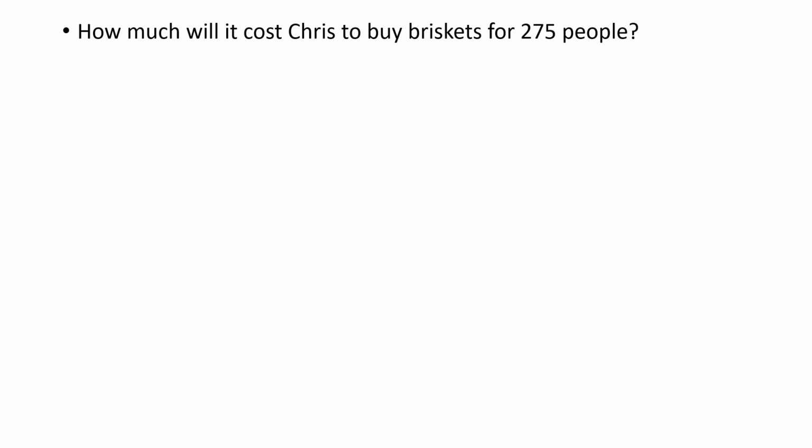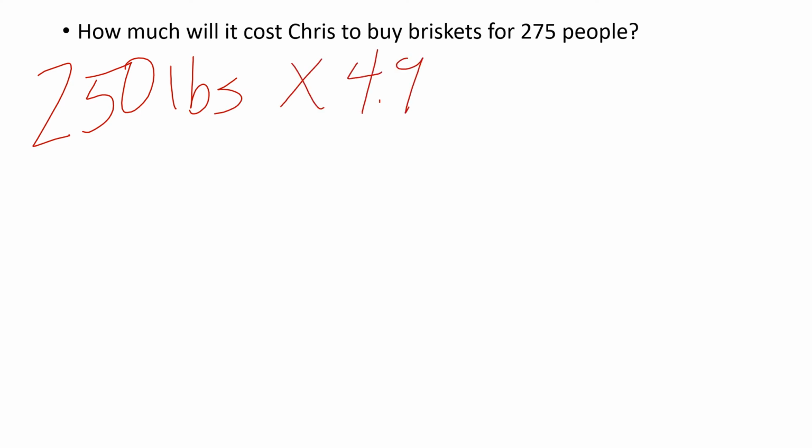So how much will it cost, Chris, to buy briskets for 275 people? How many pounds did I need? 250 pounds is what I needed, and I multiply that simply by $4.95 per pound.